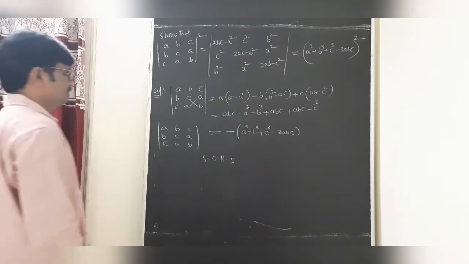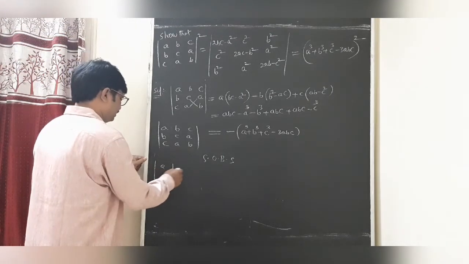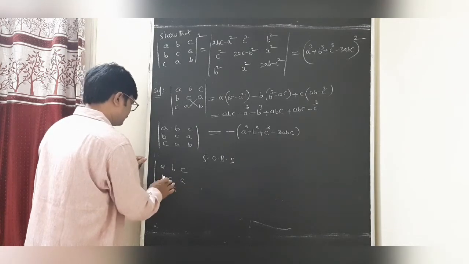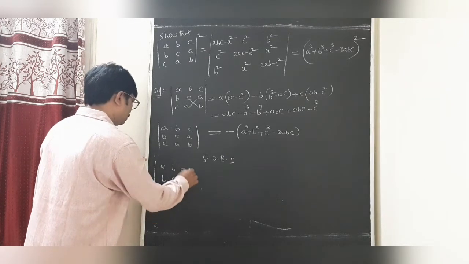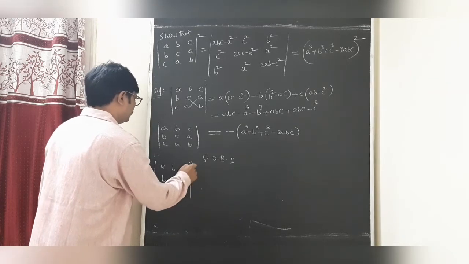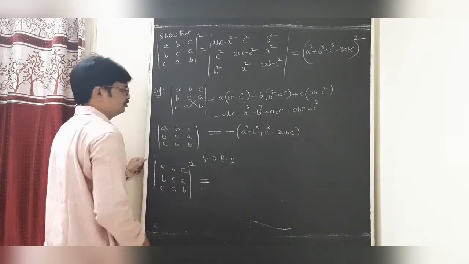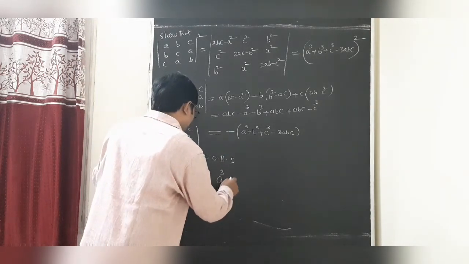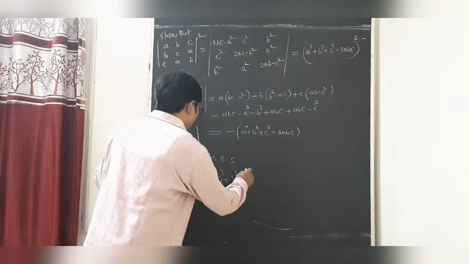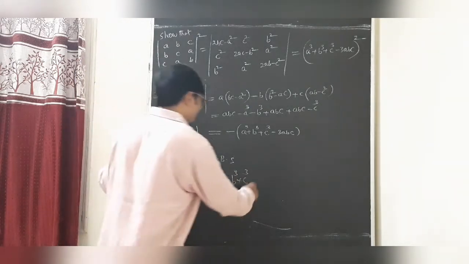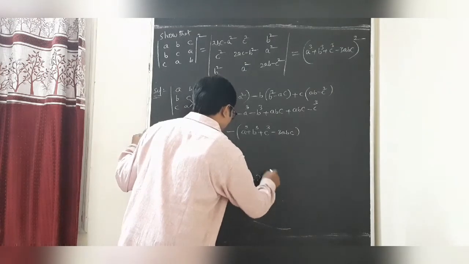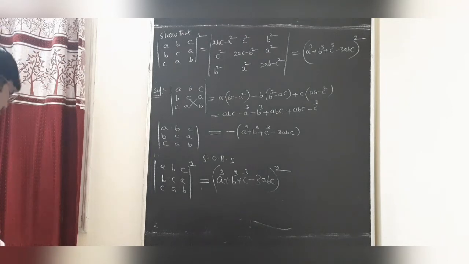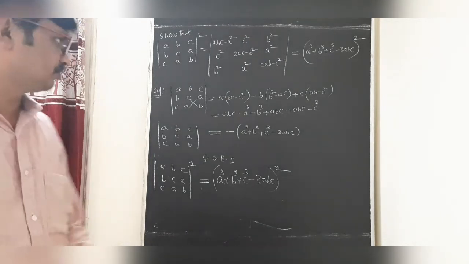Now students, squaring on both sides. So the determinant ABC, BCA, CAB whole square equals, since minus square is plus, A cube plus B cube plus C cube minus 3ABC whole square.